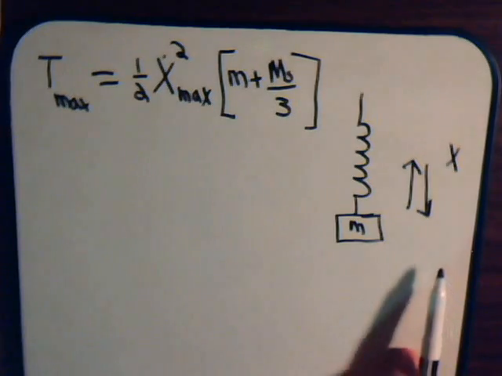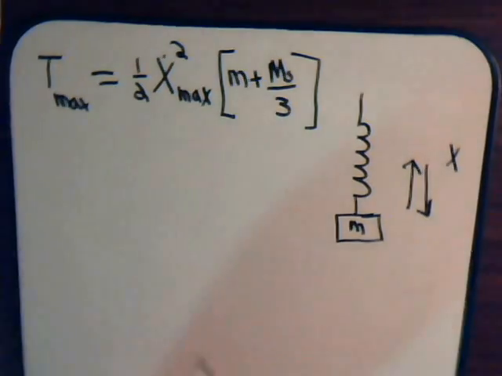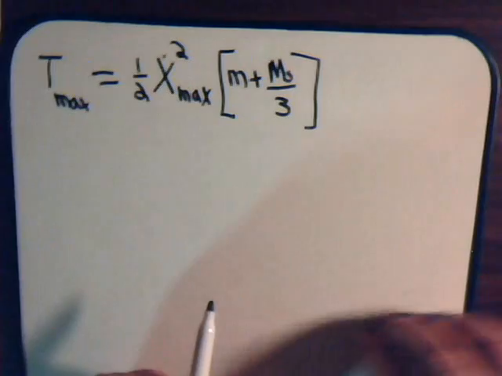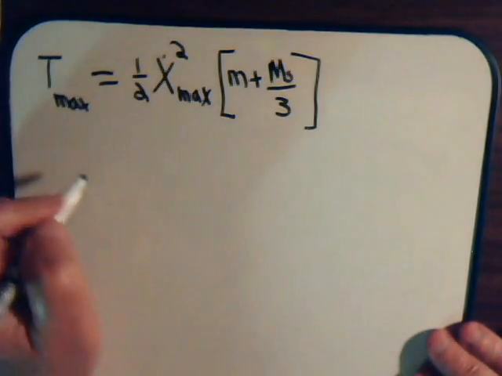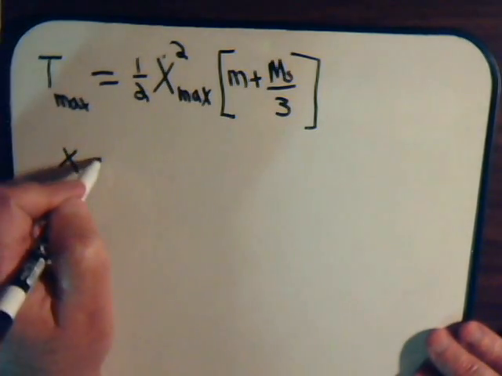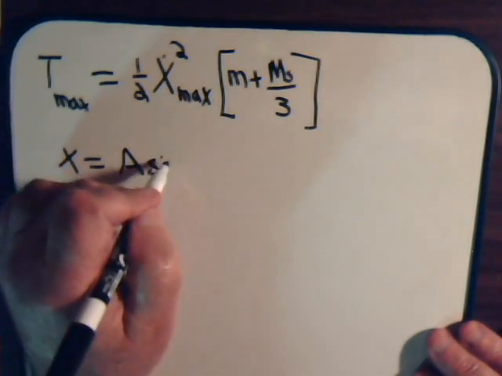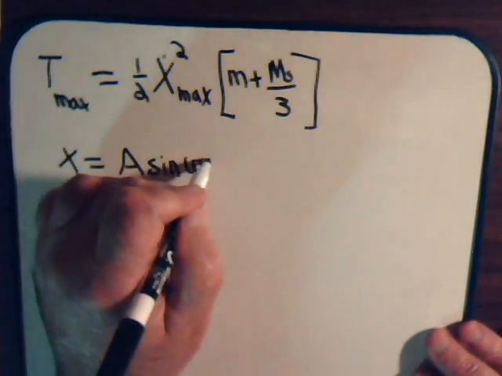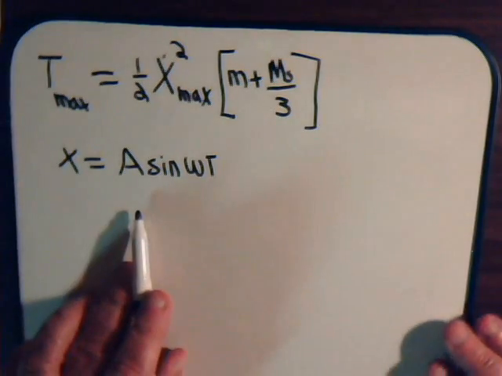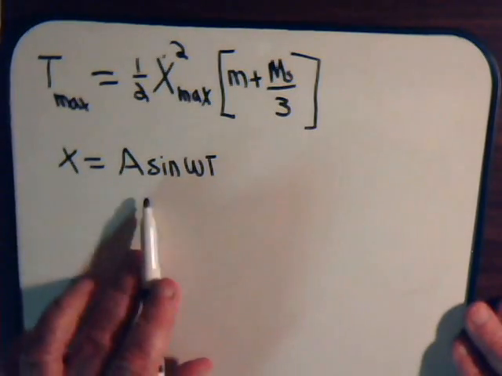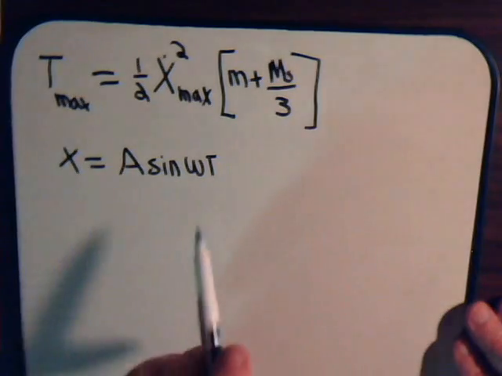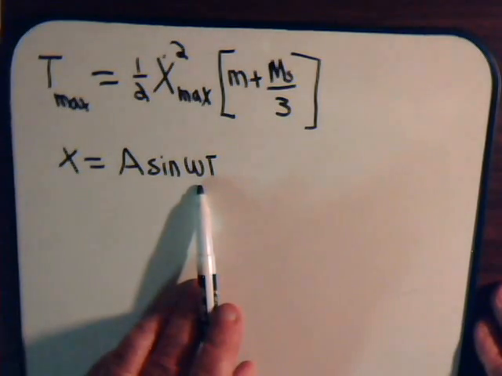So the equation of motion for this, which we derived in our previous videos, would be x equals a times the sine of omega t, where a was our maximum displacement, or the amplitude of our system. Omega, that's the natural frequency of our system.